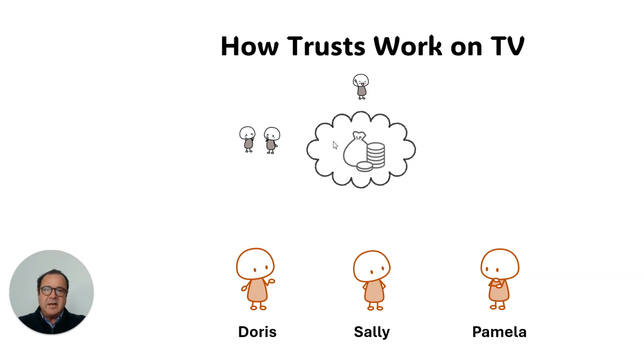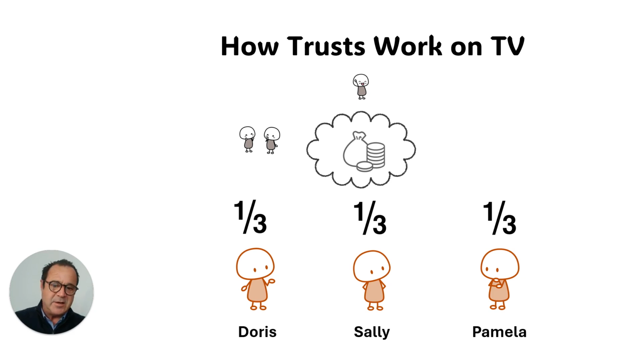And in our fictional television trust, we've got three daughters. We've got Doris, we've got Sally, and we've got Pamela, and the trust is very simple. The trust says that at some point in the future, let's say, for example, when Doris, Sally, and Pamela turn 25, at some point they each get 1/3 of the fantastically large amount of money.